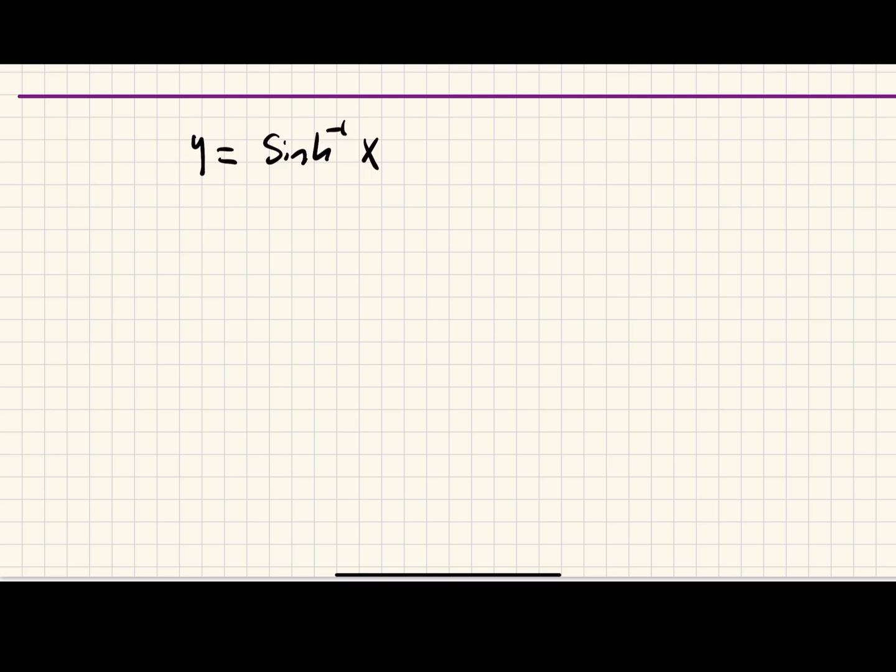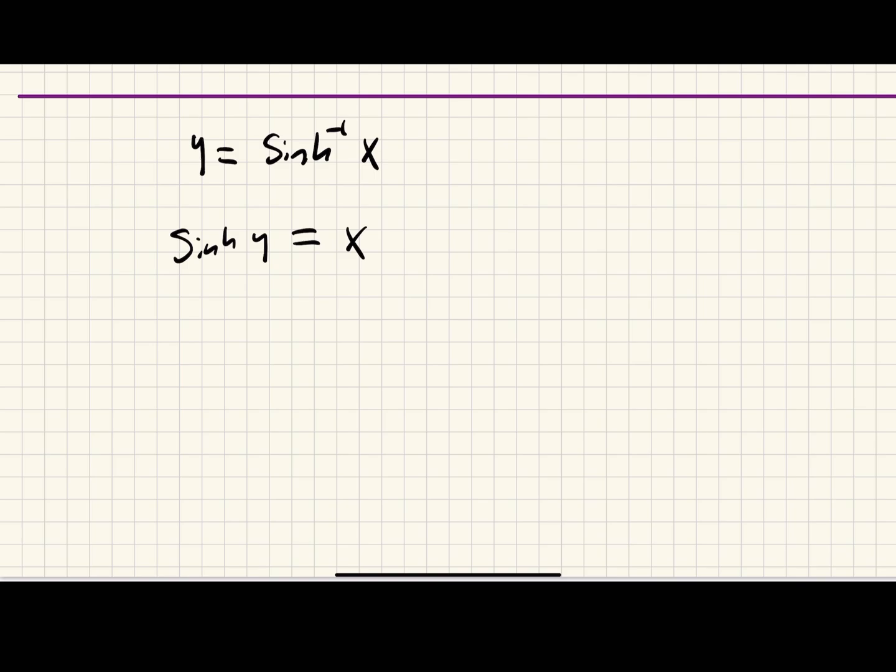It would be hyperbolic sine of y, wouldn't it? Because that's what an inverse function is, right? So in other words, I could write this. Now, what I'm going to find is dy dx, right? I want the derivative of the inverse hyperbolic sine function, right? So I'm going to be looking for dy dx.